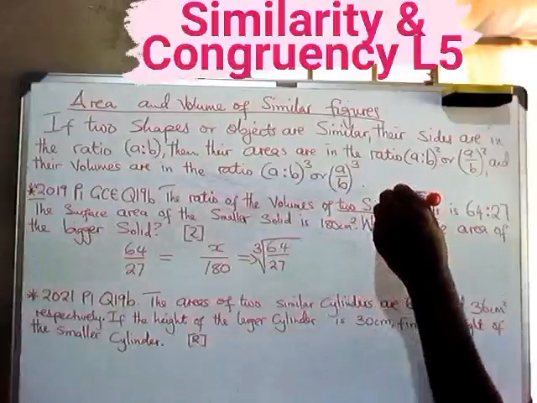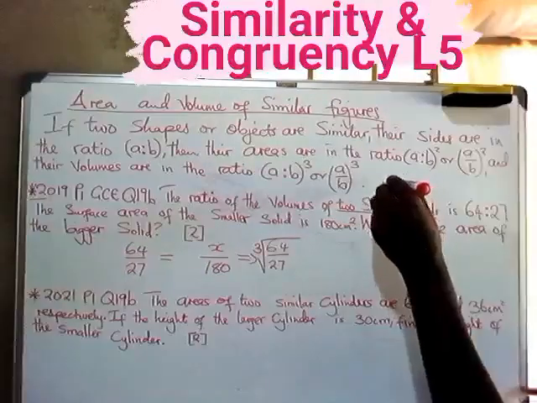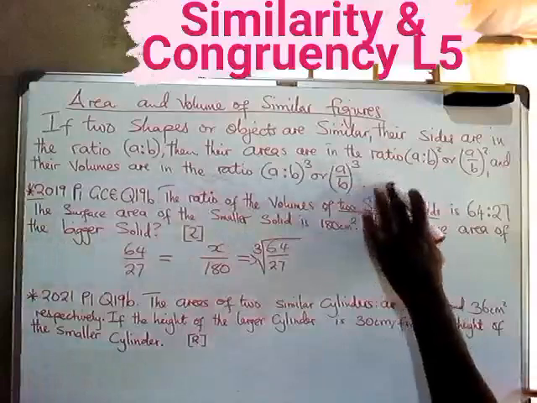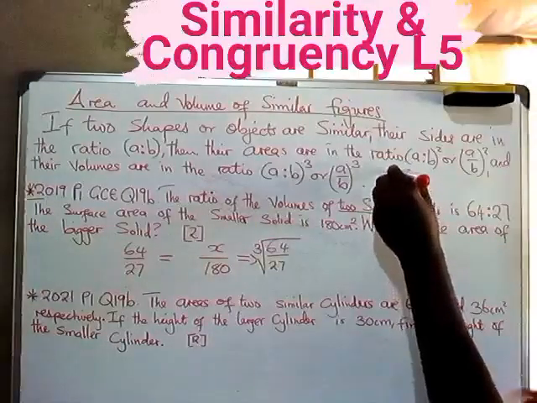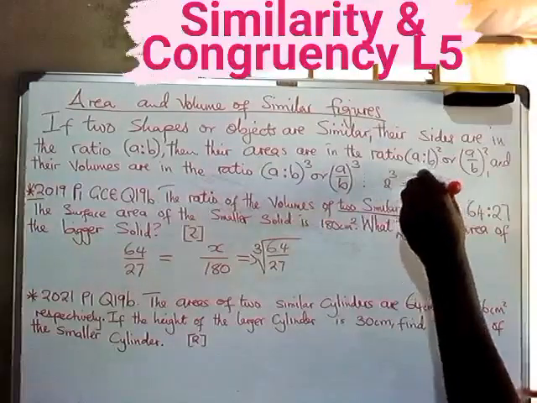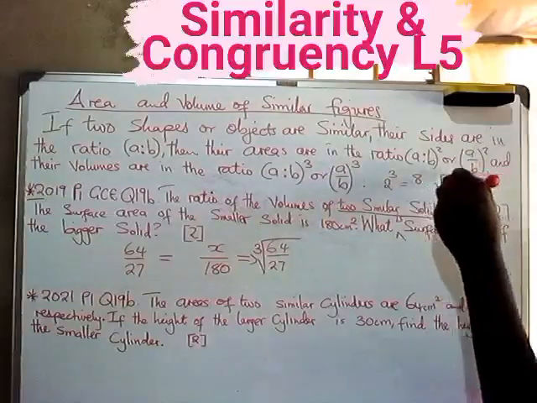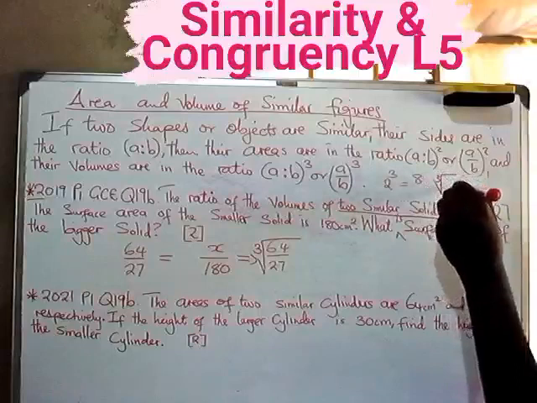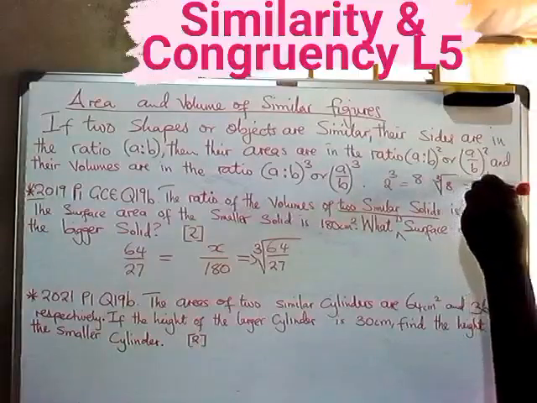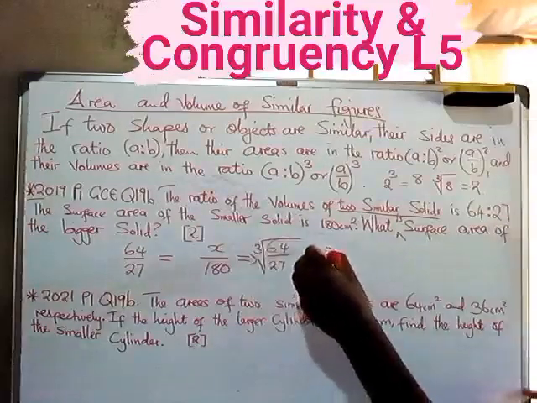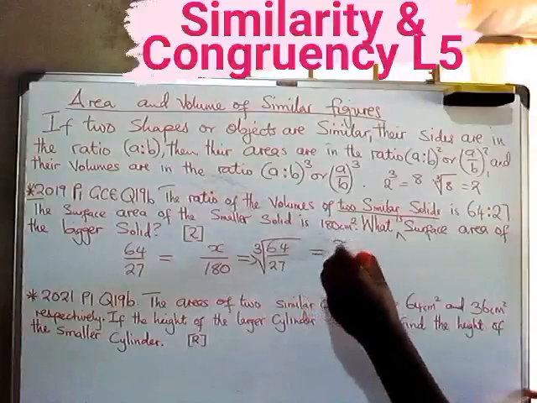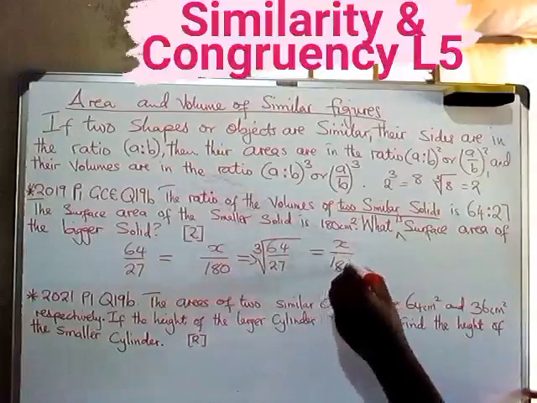If I say, what is the cube of 2? 2 cubed, the answer is 8. But what about the cube root of 8? So that I go back, I'll find that my answer will be 2. So this is what I'm going to do here, which is equal to x over 180.